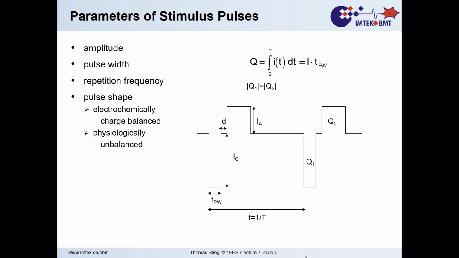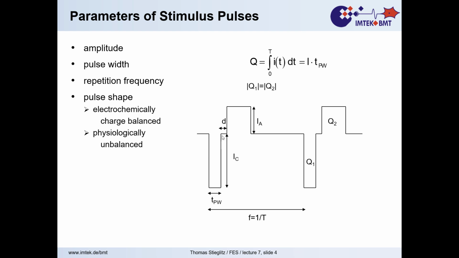For us, pulse width is the width of one pulse. This is important because we can probably vary the width of the other pulse, and then it would be good to know what time is where, right? So please, let's do it like that. The pulse width is the width of one single pulse.